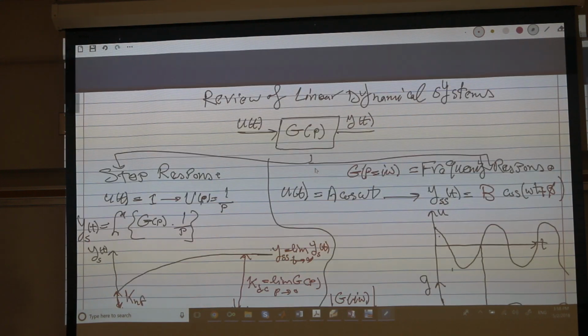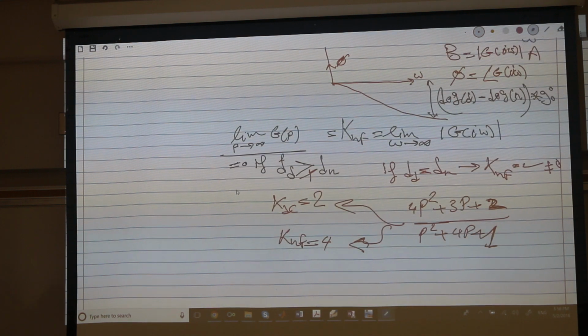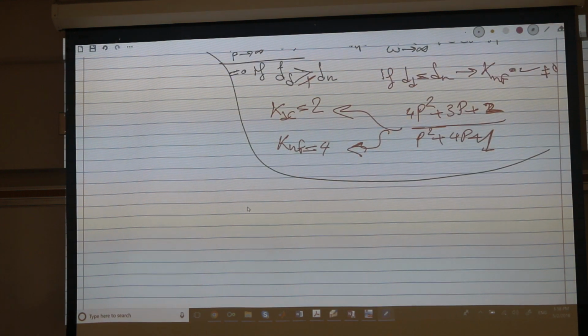So we really need these concepts now to understand our unsteady flow dynamics. Having had this review, our conclusion from Theodorsen was what?